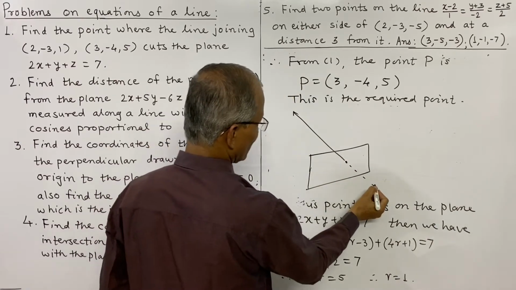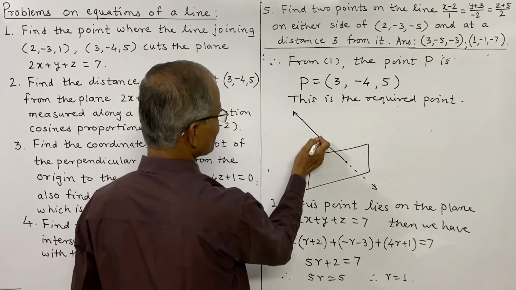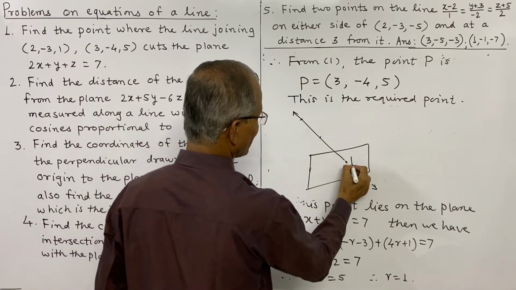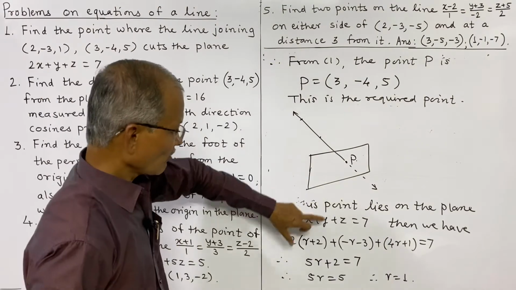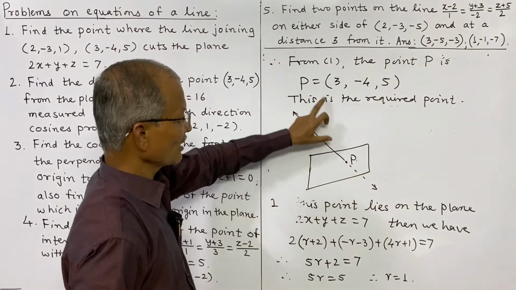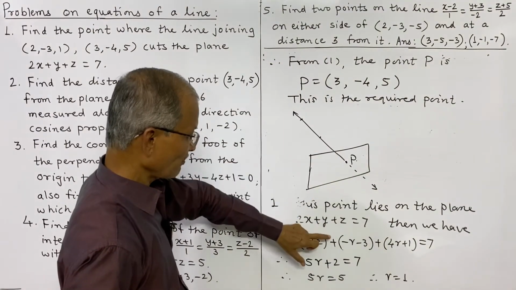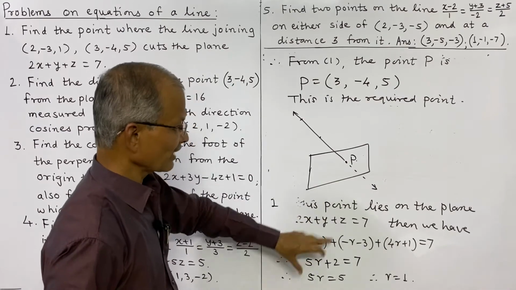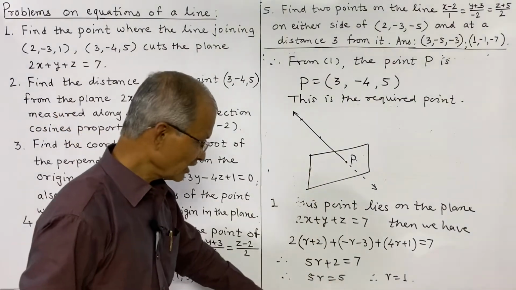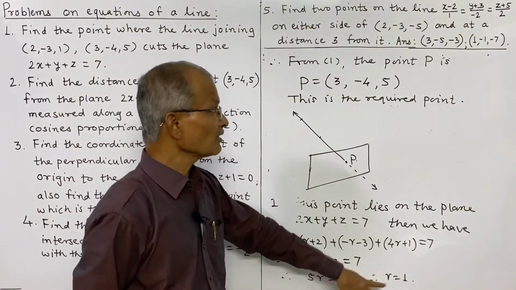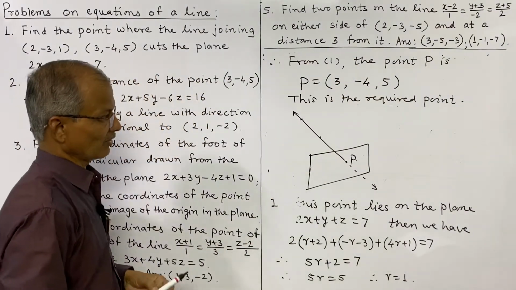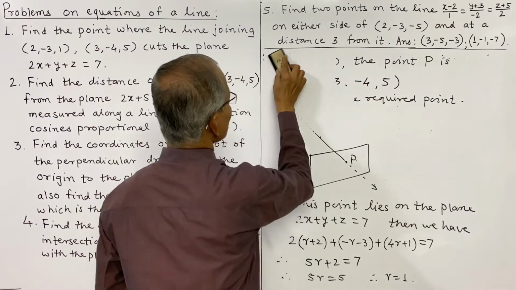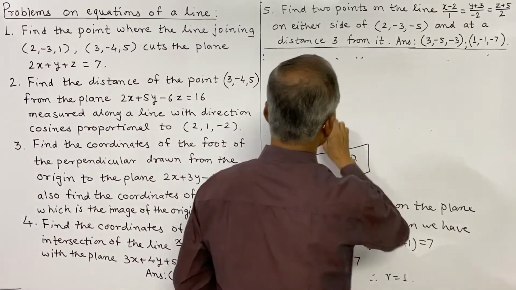So this is the line passing through given 2 points, and here is the point we have considered as P. So we have obtained the general coordinates of the point on the line, and if this point is on the plane, then it must satisfy the equation of the plane. That actually gives the value of r, and putting the value of r in this point, we get the required point. So this completes the solution of the first problem.